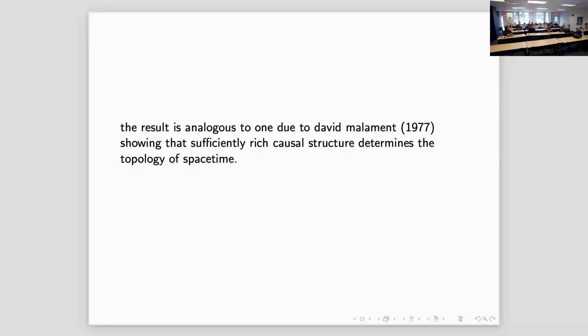But as you move up the hierarchy, you get to a level, past and future distinguishing, where if you're working at that level, any causal isomorphism must be a homeomorphism. Even more so, it has to be a diffeomorphism, even a conformal isometry.